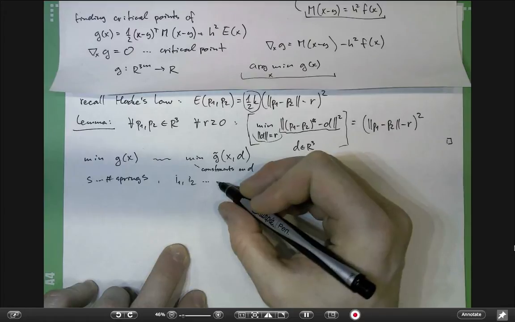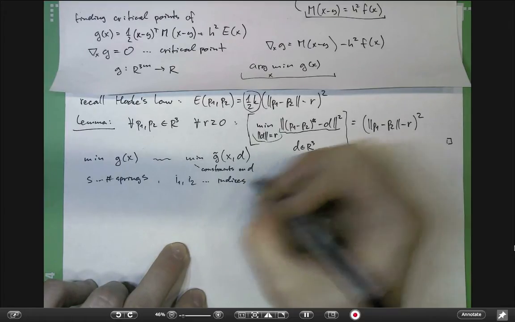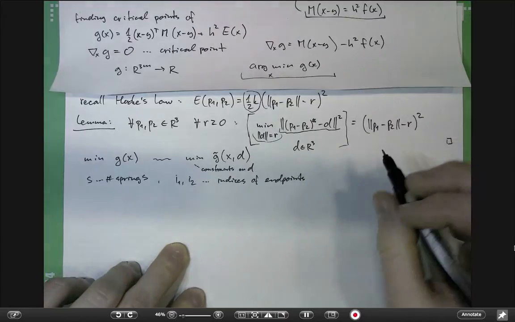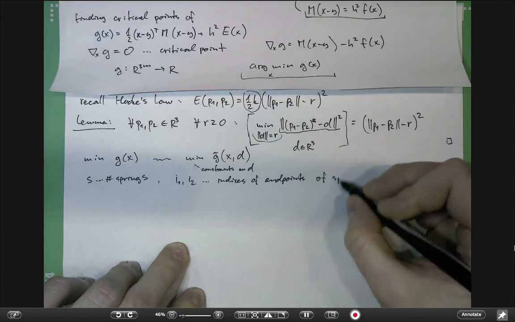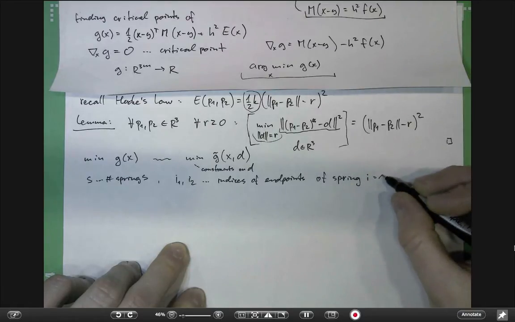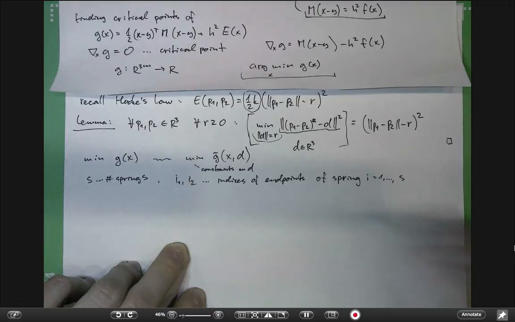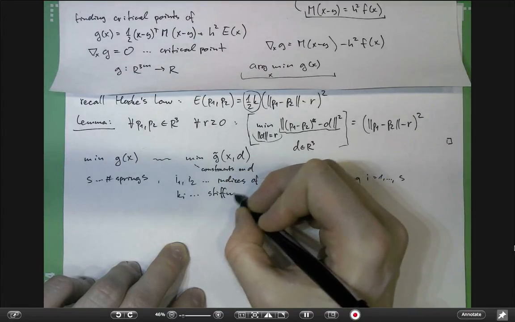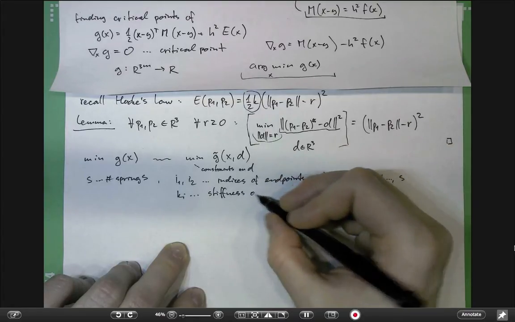Those are the indices of endpoints of spring i, where i goes from 1 to S. Ki is the stiffness of spring i.